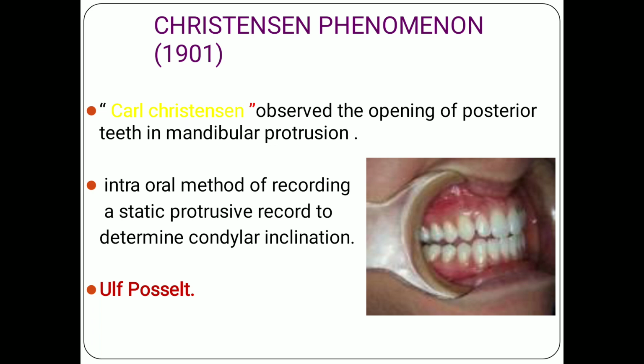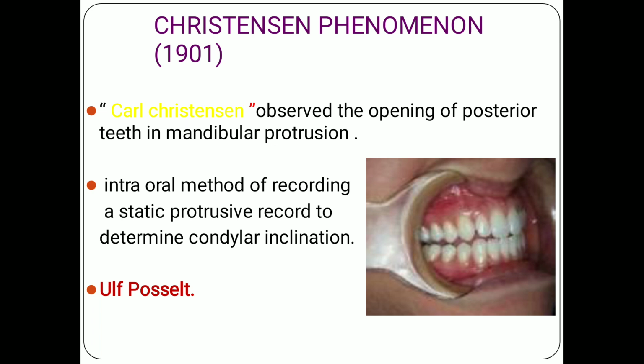Now coming to Christensen's phenomenon, it is the term coined by the scientist Carl Christensen, who observed the opening of posterior teeth in mandibular protrusion. I already discussed in the previous classes what is protrusive movement and what is lateral movement.